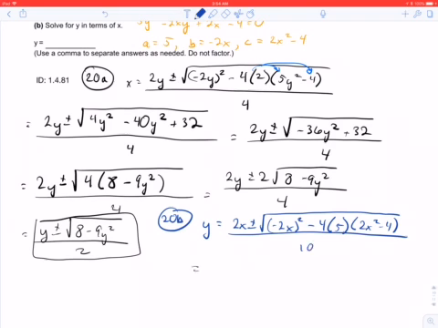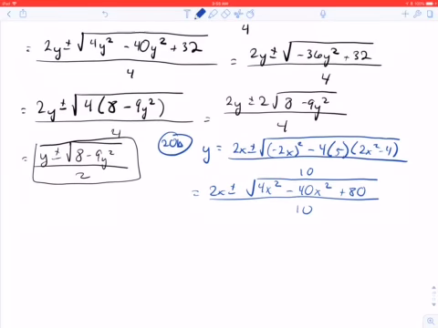Let's see. 2x plus or minus, that's going to be 4x squared. 20 times 2 is negative 40x squared. 20 times 4 is plus 80, all over 10.